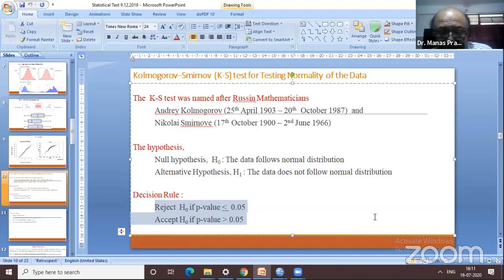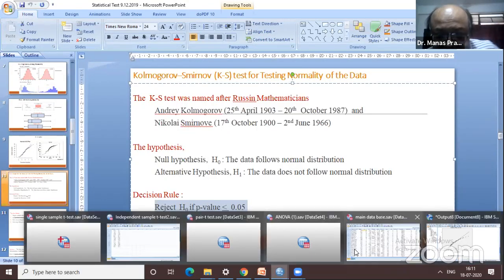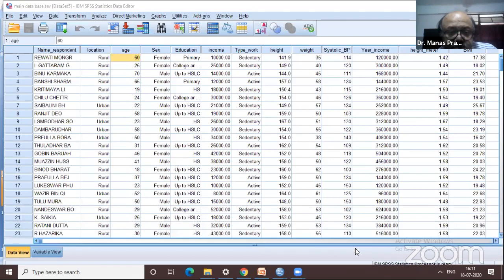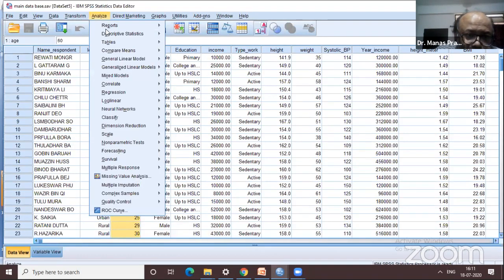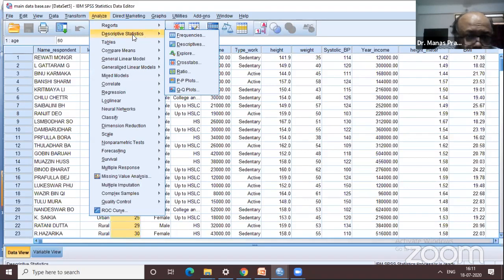Now I'll show you how to do the test by using SPSS. Suppose I am going to test whether my age variable follows a normal distribution or not. For that, I have to go to Analyze, Descriptive Statistics, Explore.